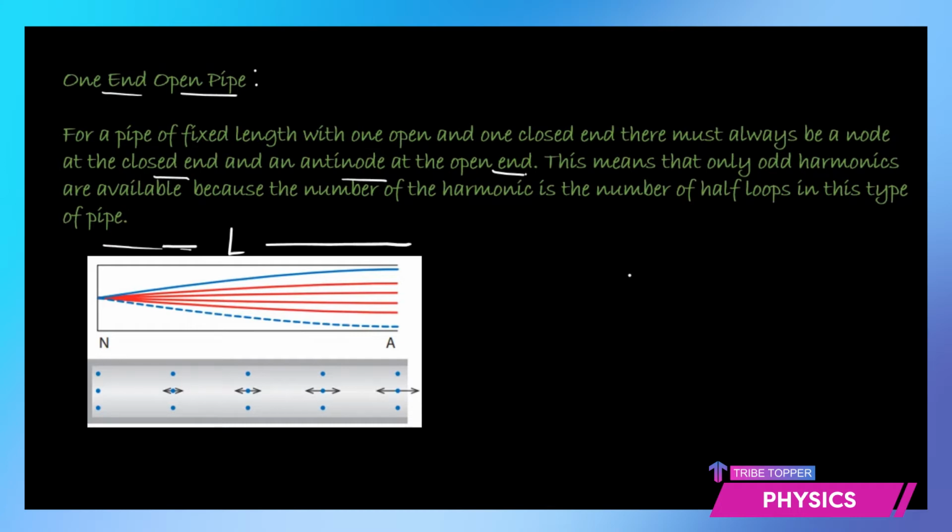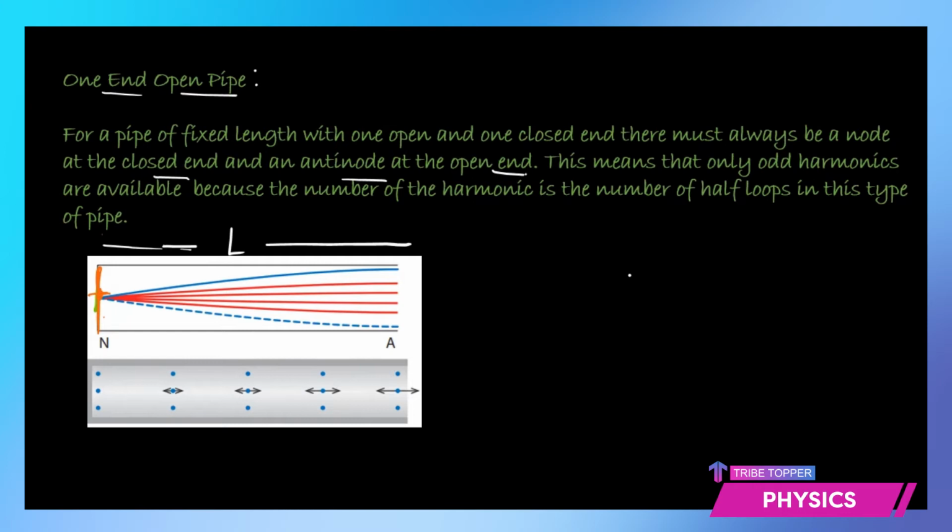The ones which are here at the closed end do not have space to vibrate, right? They do want to vibrate, but they cannot. So they are stuck here, and they lose all the energy. Even if they want to vibrate, they just lose all the energy at the base, at the closed end.